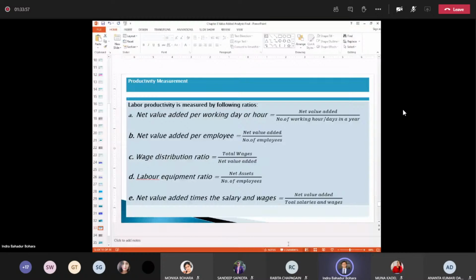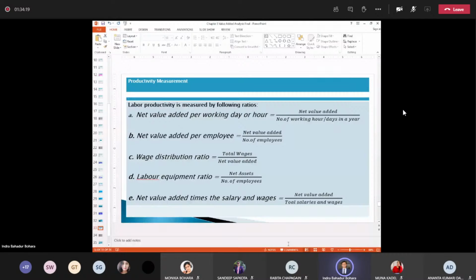Besides this, value added amount can be compared with respect to the labor, which is called labor productivity. So performance measurement can be made in two aspects: labor productivity measurement and capital productivity measurement.